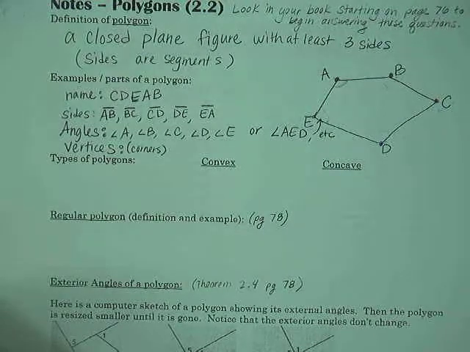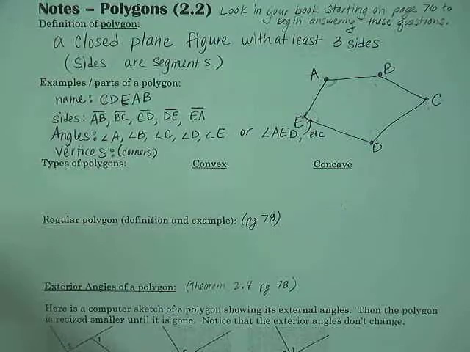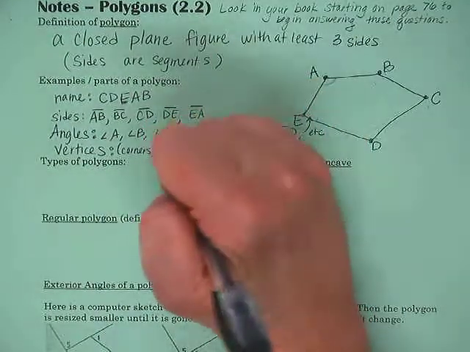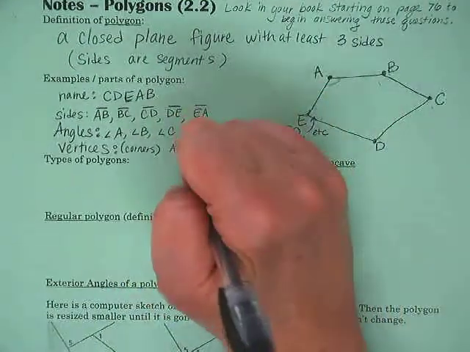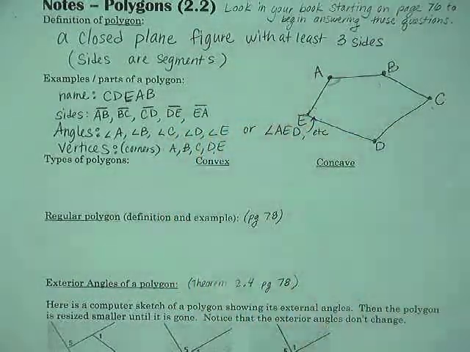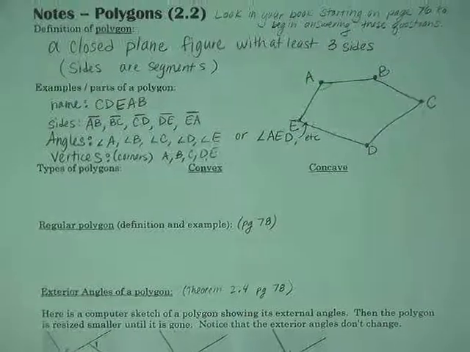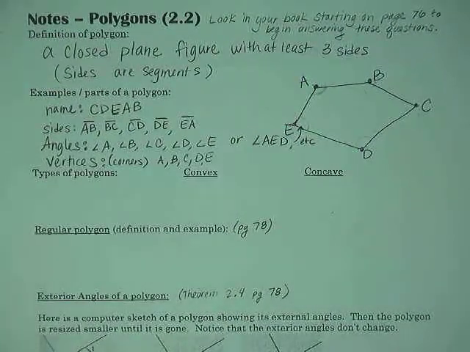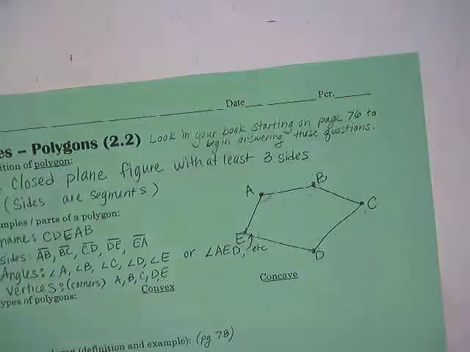The vertices are just the points. So point A, point B, point C, point D, point E. Do you understand the difference between vertices and angles? The vertices is just the very corner where the point is. So those we don't need to put the little angle in front. A, B, C, D, and E.